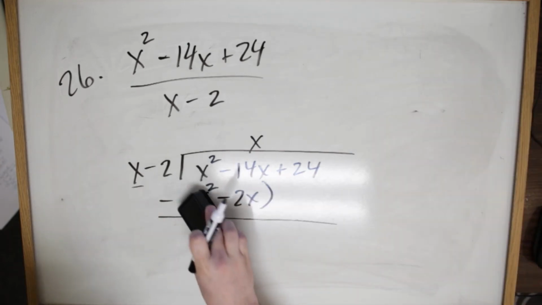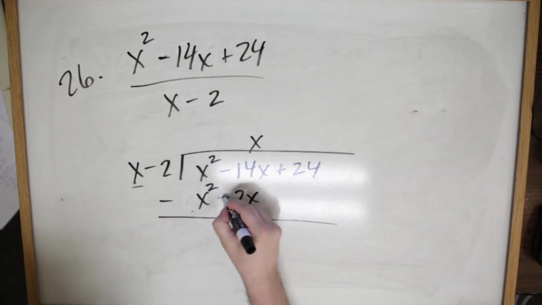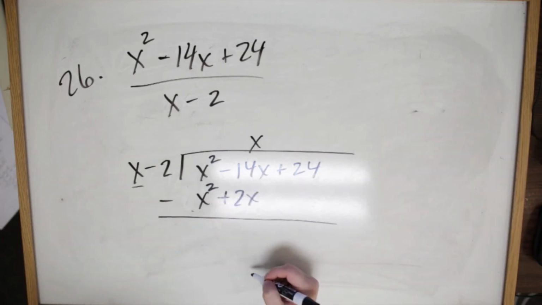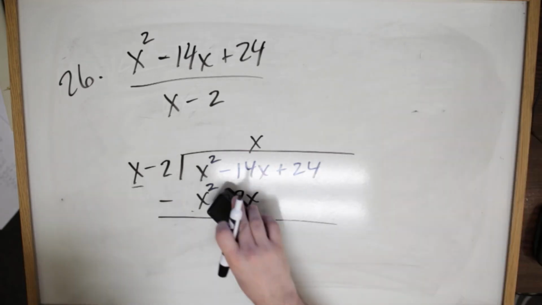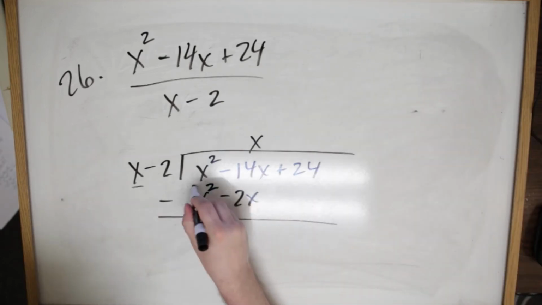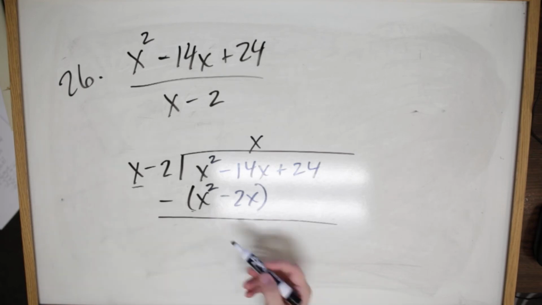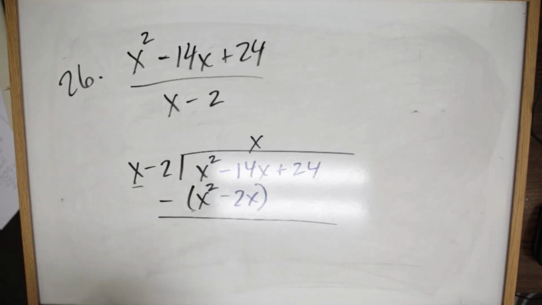So get rid of your brackets, and you can change this to a plus. You can do that if you want to. I kind of just like having the brackets, and then that way it kind of reminds me. So I'm going to keep this like this. Again, it's up to you. If you want to do it like that, you'll have to use an eraser on a pencil and not a pen. I prefer, again, this is part of the reason why I like doing it like this, is because I prefer using a pen when I do my math. I don't like using a pencil. It's just weird personal preference I have.